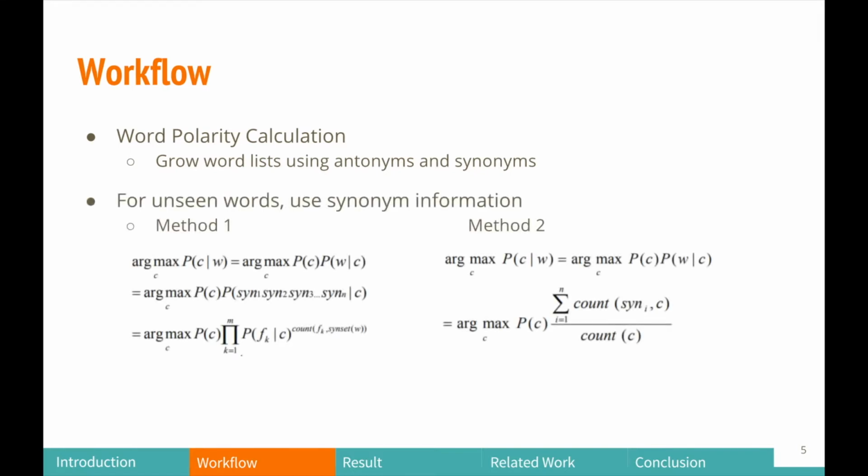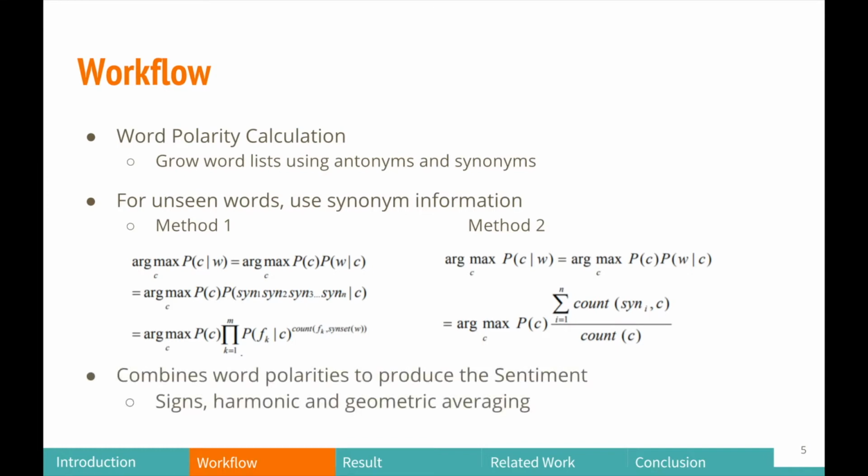Given an unseen word, the polarity is calculated in two ways, both using the maximum a posteriori method. The difference lies in the calculation of the probability of the word's occurrence given a class. The first method uses a naive-Bayes-based method, and the second simply calculates the proportion of the word's synonyms in the corpus.